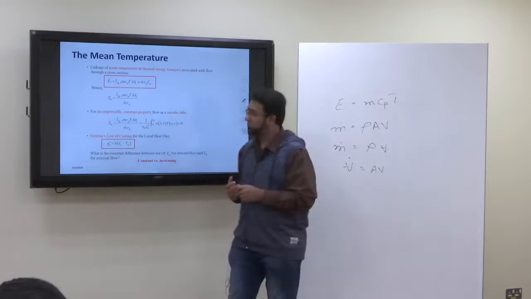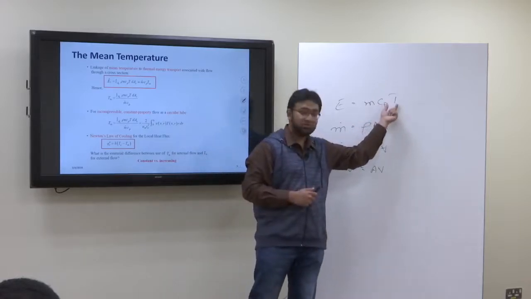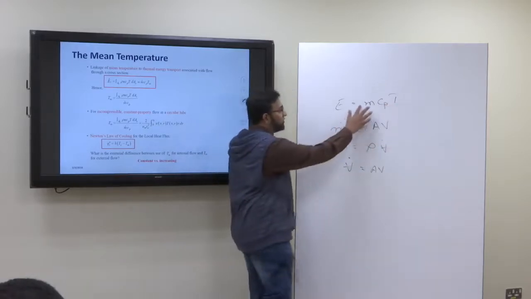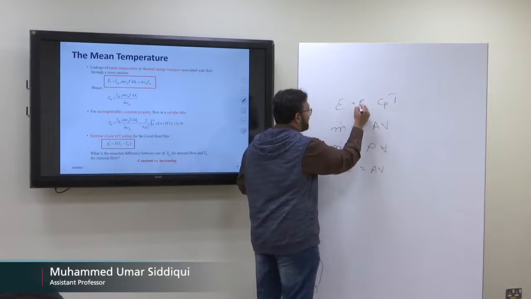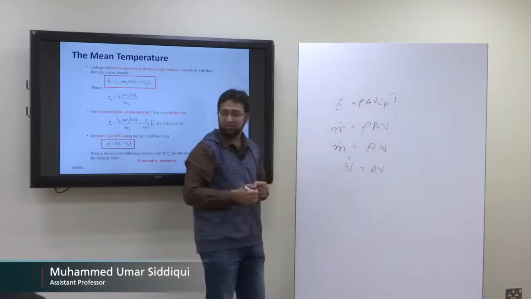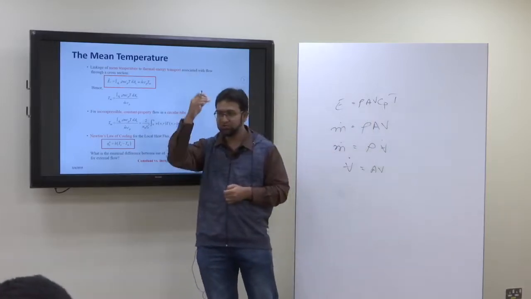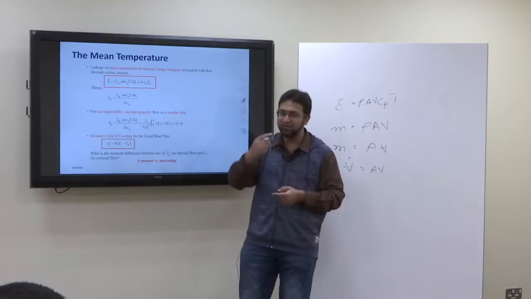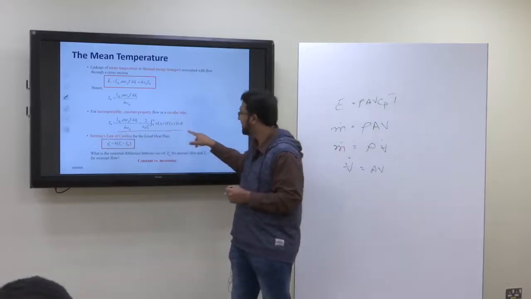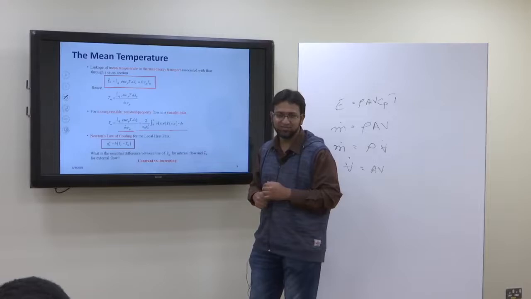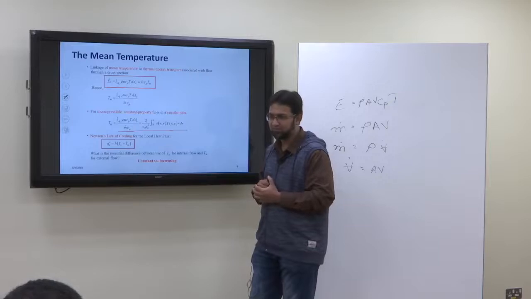Considering that formulation, T is varying with the cross section across the radius, so M dot we can put as rho AV. Put it in the differential form, then integrate it, and we can find the T mean. So T mean will be this thing. Again it is a simple integration, and you're actually not going to be using it much in the numericals.